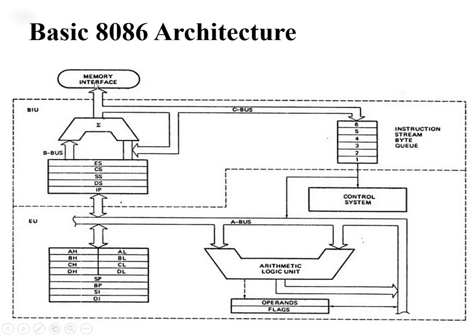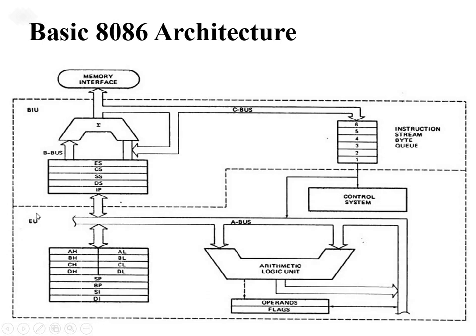This memory interface and instruction queue are connected with the bus. At a time, 6 instructions can be fetched into this instruction queue. This queue is known as the instruction stream byte queue, right?